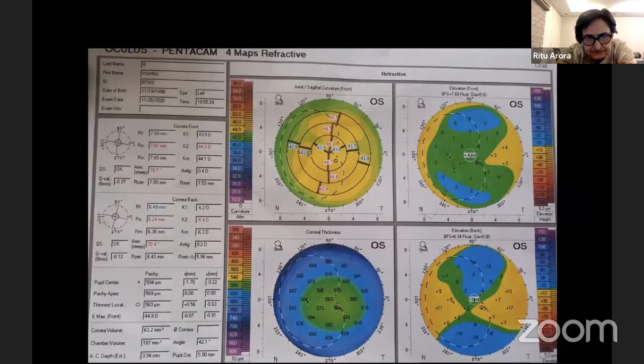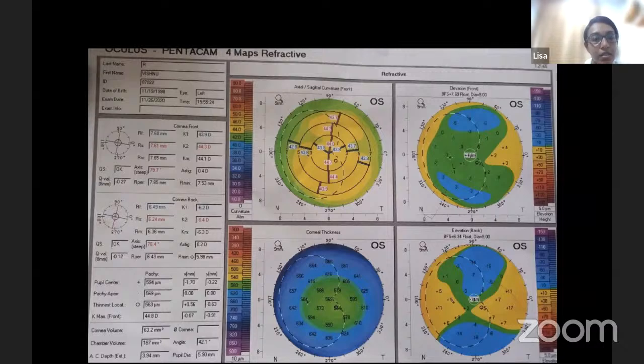Okay. So this is a pentacam image of the left eye with the date of birth showing 1998. So probably a 22-year-old or 24-year-old person, with the K1 value of 43.9 and K2 of 44.3 diopter, with a Kmax of 44.1 and astigmatism of 0.4 diopter. The QS is showing okay and Q value is minus 0.27.